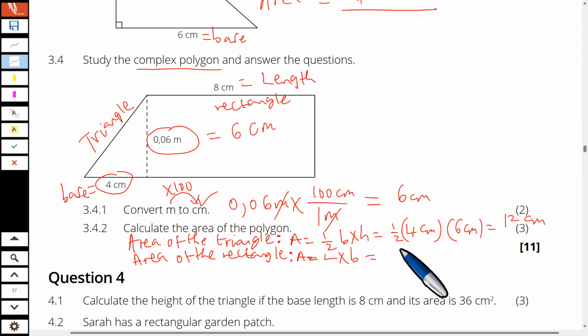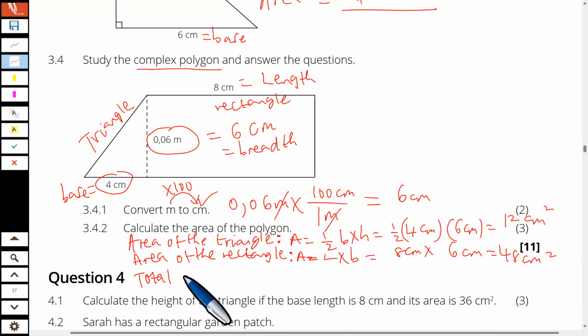So the length is 8 centimeters times the breadth. The breadth is this one here. The breadth is 6. What is 8 by 6? Exactly 48. So this is 48 square centimeters.